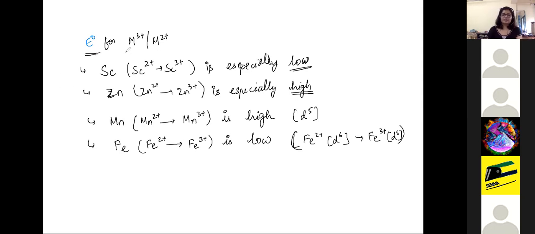Another significance of looking specifically at E0 values is that all of these conversions are happening in aqueous medium.